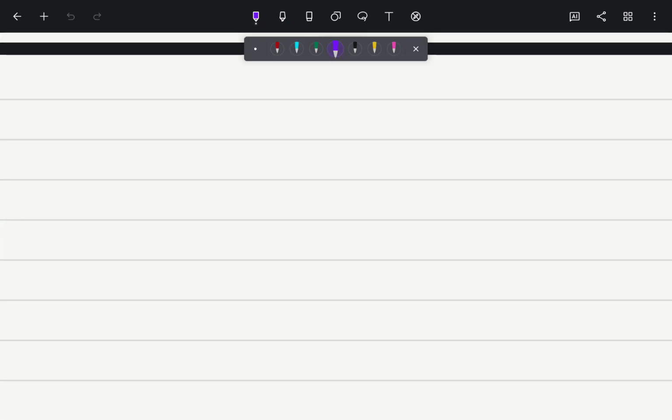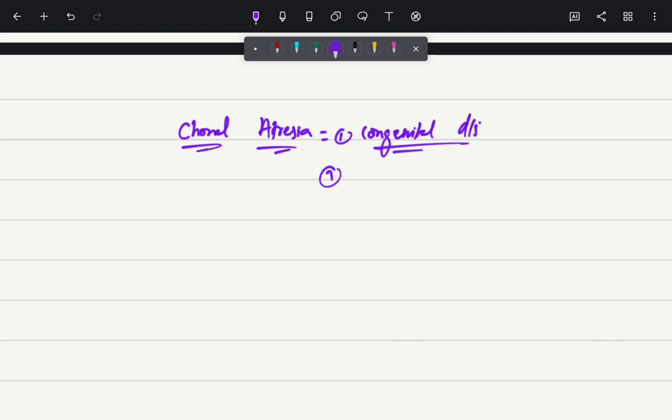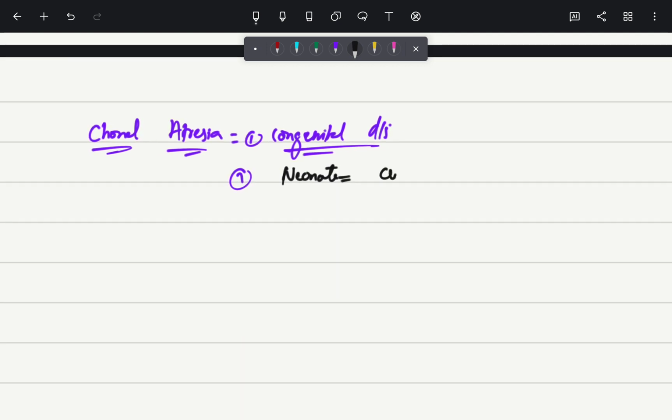So choanal atresia is usually a congenital disorder, and usually the neonate will be cyanotic. Cyanotic means he will be blue in color because the air is not going.